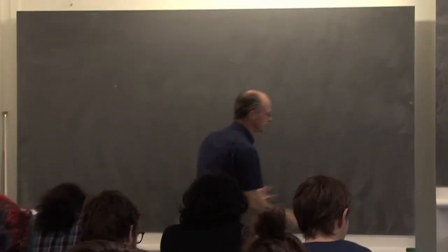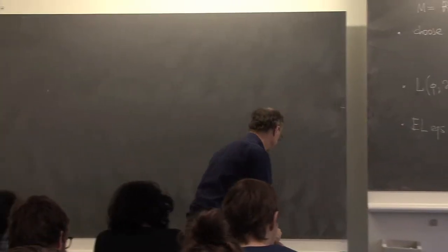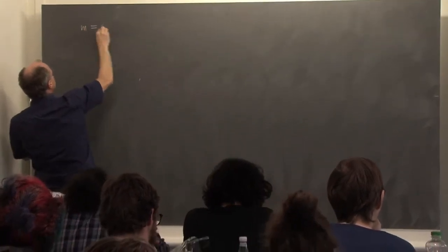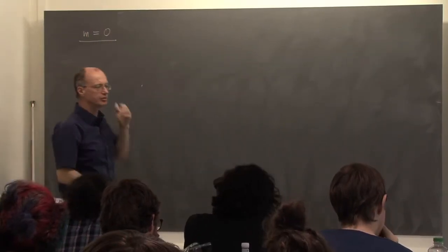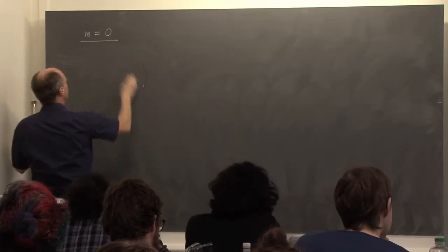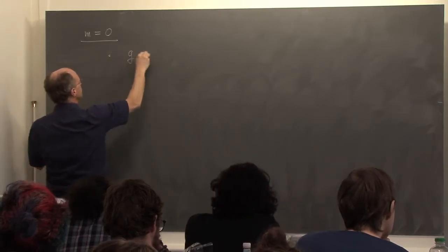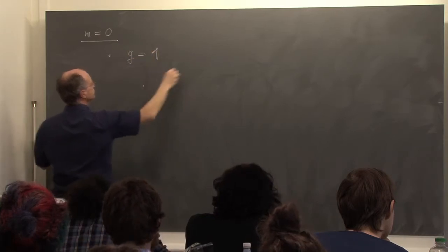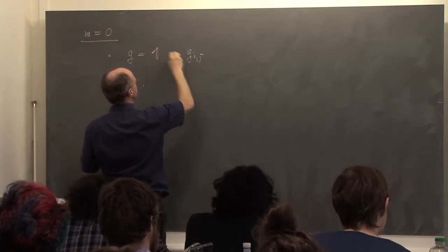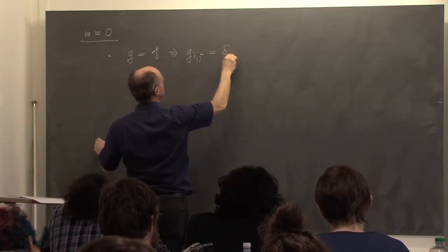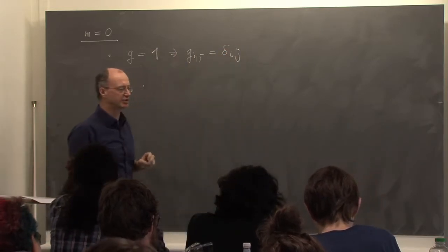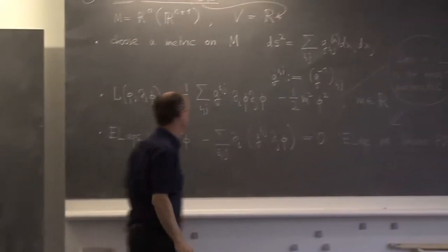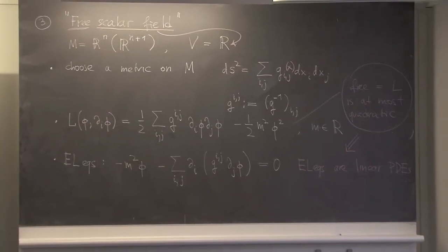Now two sub-examples. So m we discuss later on, but let's for a moment put m equals 0. And let's choose G just equal to the unit matrix. So G^ij is a Kronecker delta. So in this case, what do we have here?